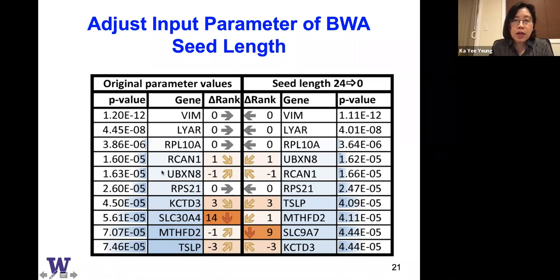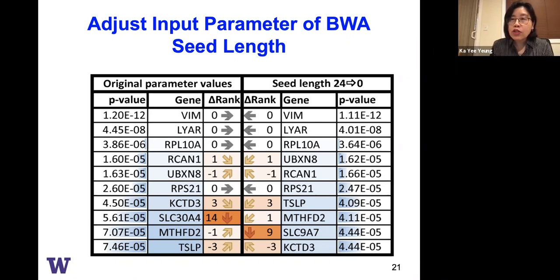In this table, these three columns correspond to the default seed length of 24 in BWA, and these three columns correspond to the top 10 differentially expressed genes when we reduce the seed length from 24 to 0.